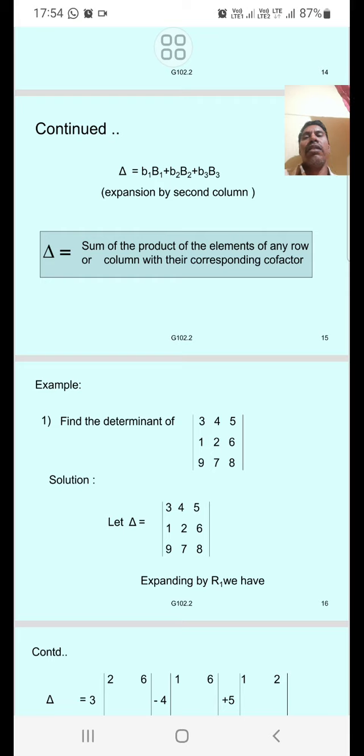But whereas we get negative sign, we have to write negative, and if it is necessary we have to multiply with the minor, and after the product, whatever the result, we have to write or calculate accordingly.